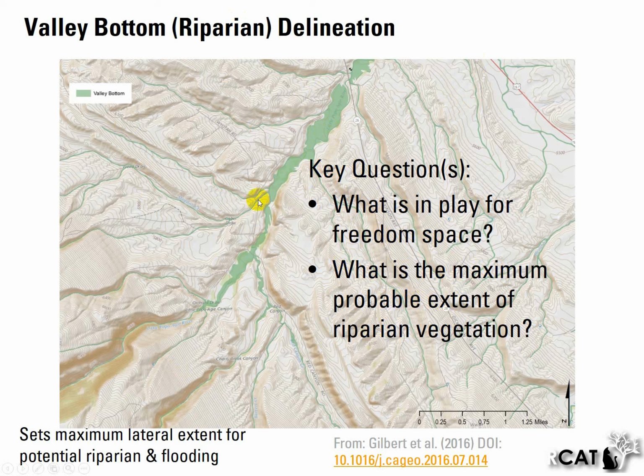This is basically both a lens for opportunity, with riparian vegetation, habitat, and flooding being opportunities, and also risk where that flooding may be in conflict with existing land uses or critical infrastructure.